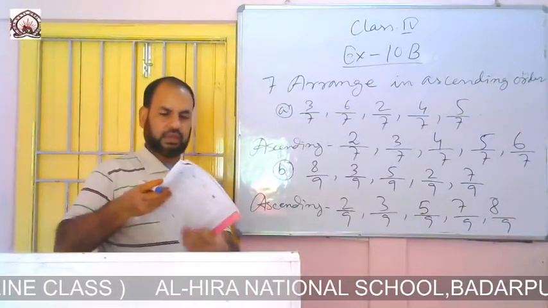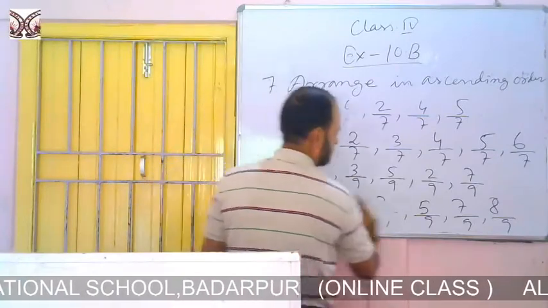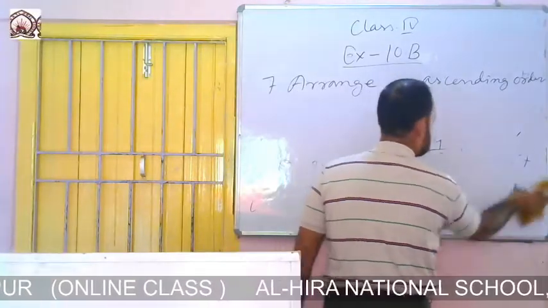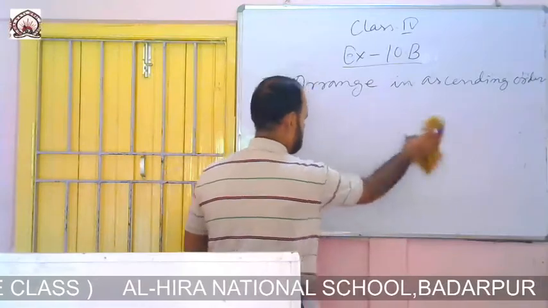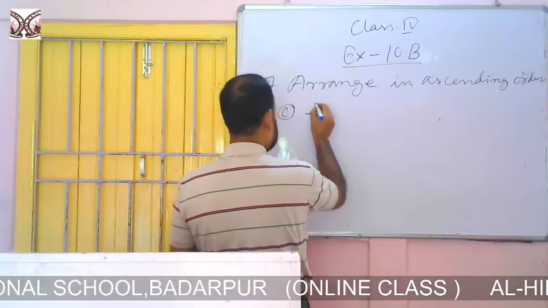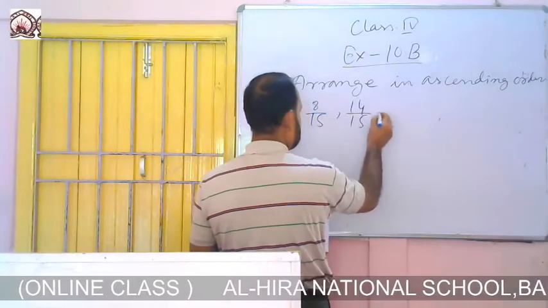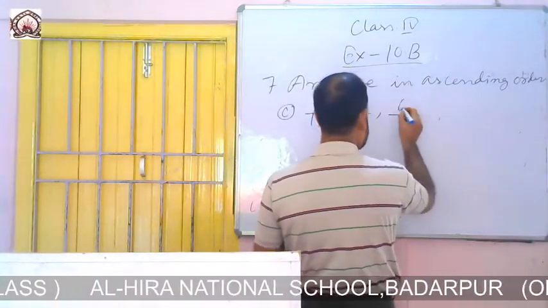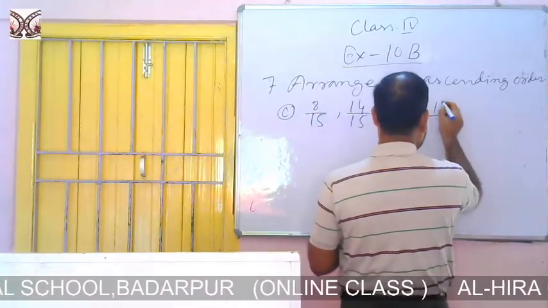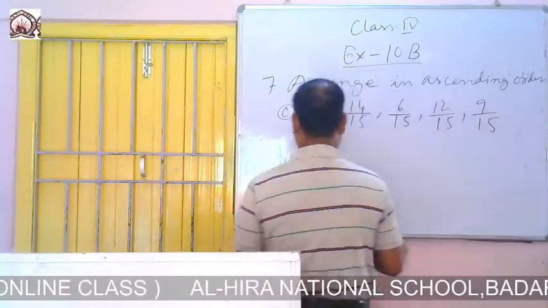Next question number C: 8 by 15, 14 by 15, 6 by 15, 12 by 15, 9 by 15. So ascending order.